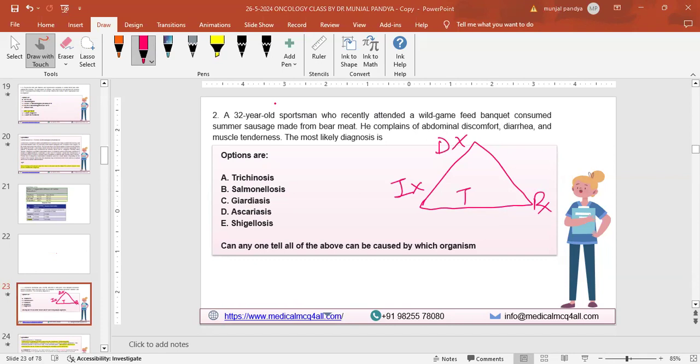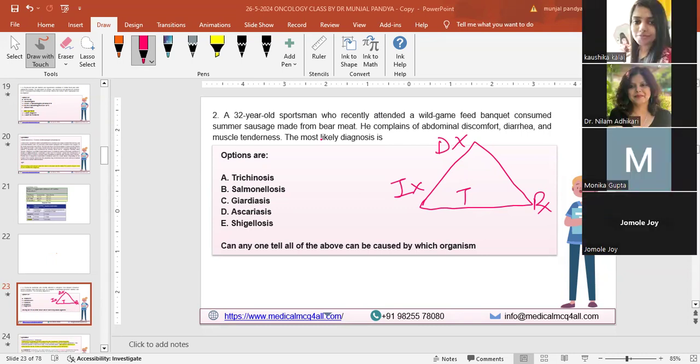Yes, Dr. Sultan, would you like to attempt this question? I would be happy. Because shigellosis is bloody stool, and trichinosis can show stretch, too much stretch in the anal area, and giardiasis is contact with not clean water.